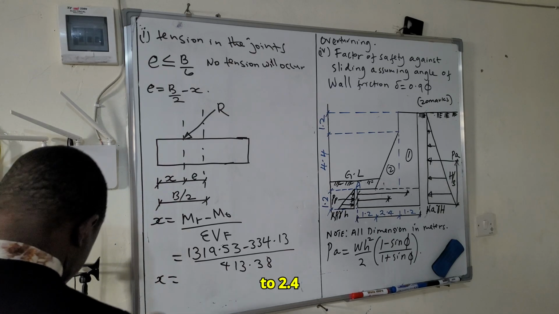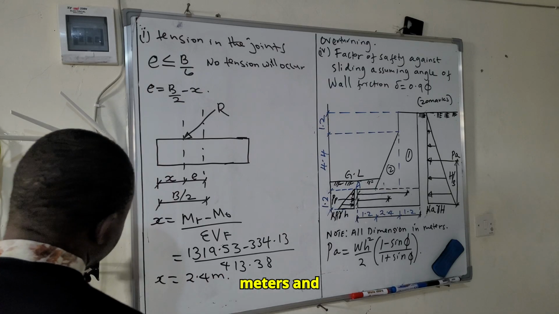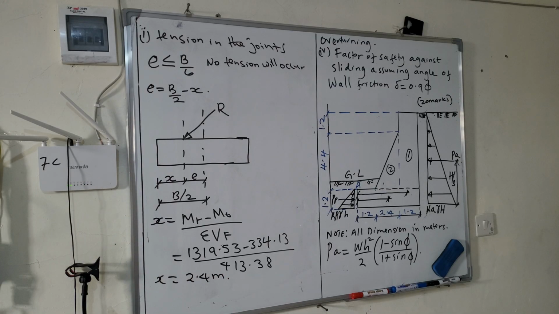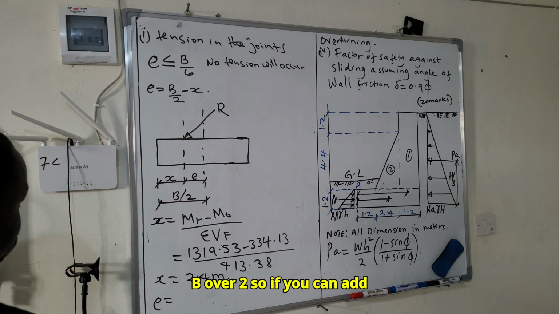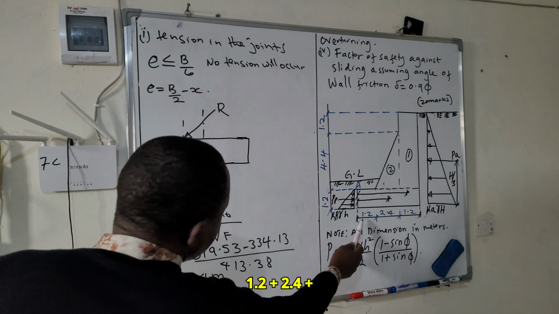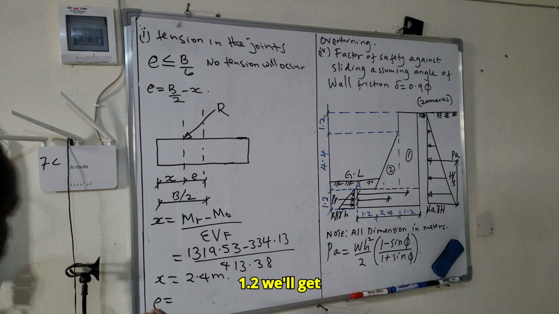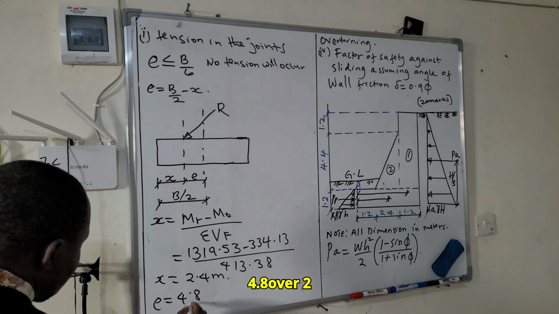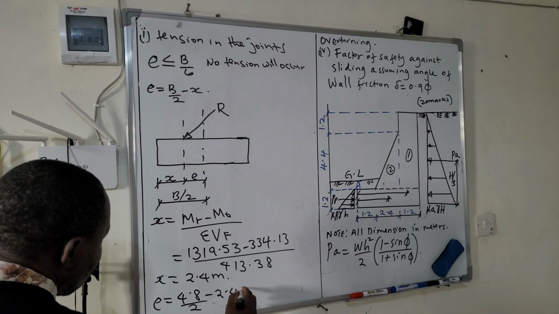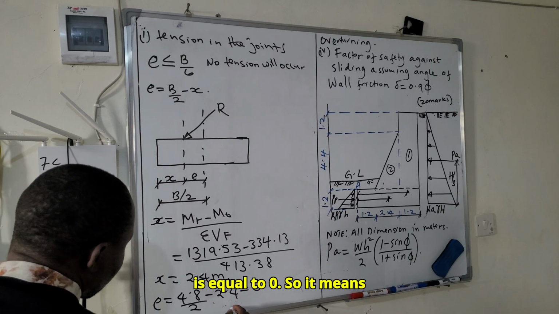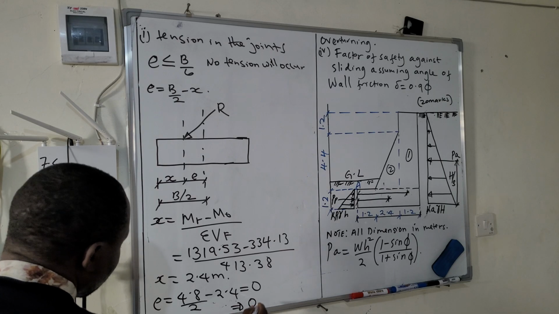So X is equal to 2.4 meters, and E is equal to B over 2. If you add 1.2 plus 2.4 plus 1.2, we get 4.8 over 2 minus 2.4, which is equal to 0. So it means E is equal to 0.